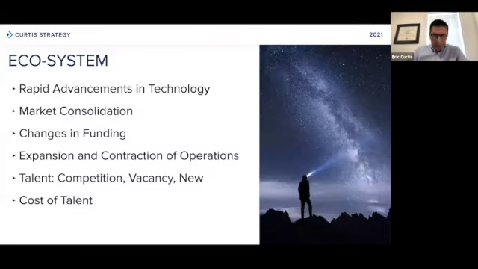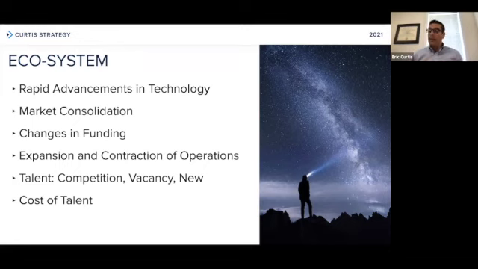I know that the human services world is really undergoing a significant amount of change, and that's probably putting it lightly. But a lot of the things that we're seeing affecting the ecosystem have to do with rapid advancements in technology. I think part of this progress in technology is allowing us as leaders to manage at scale more effectively.